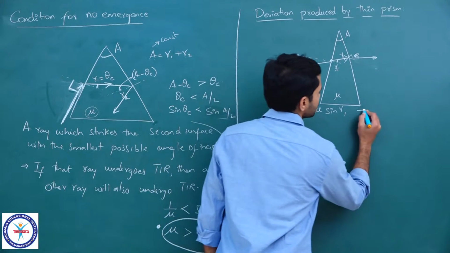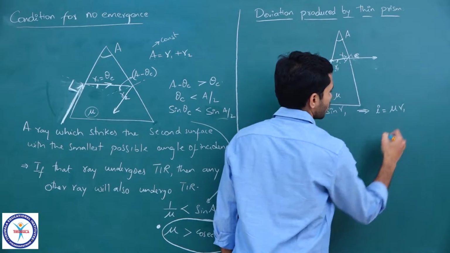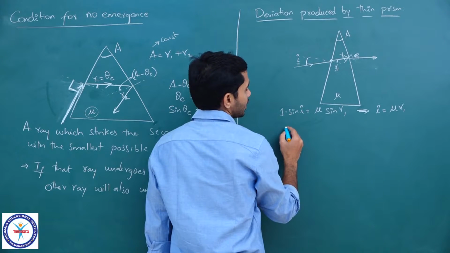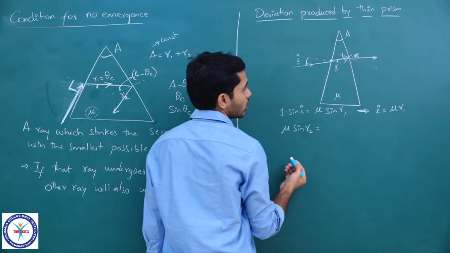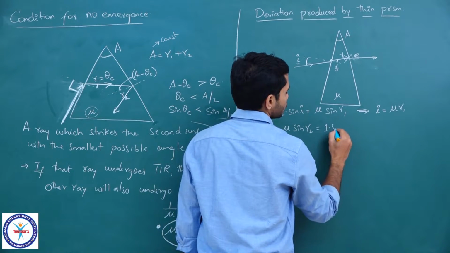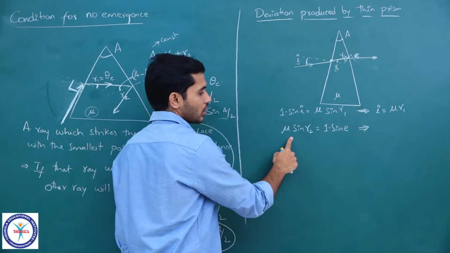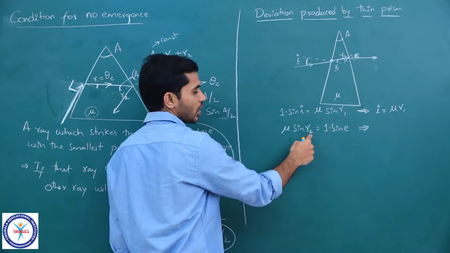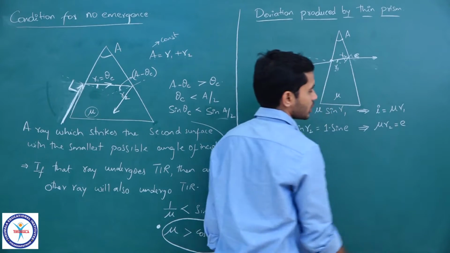So, from here I is equal to mu R1. Similarly, mu times sin R2 is equal to 1 into sin E. If I approximate, sin R2 is R2, sin E is E. So, mu R2 is equal to E.